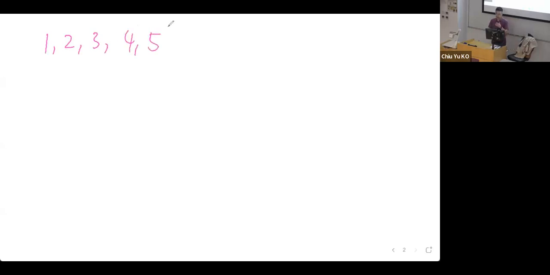This is five numbers. What is Q1 here? First we have to remember to collect the information from the data: n is 5, so n plus 1 is 6. So we have (n plus 1) over 4 as the data point position. So it's 6 over 4.